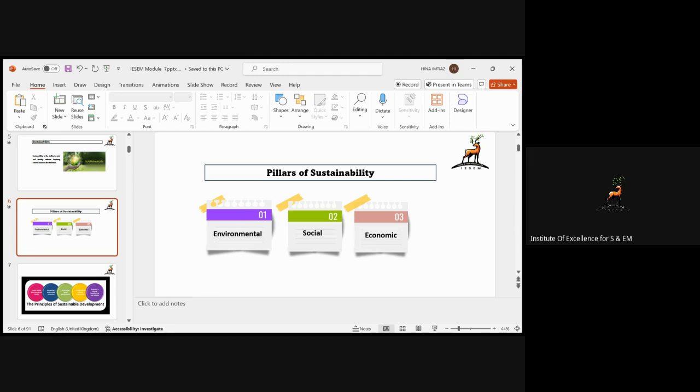So we have to protect the environment, and we have to apply strategies which are socially acceptable, applicable to the society, and which ultimately give us economic benefits, because any country wants to adopt strategies which are economically beneficial for them, and they want to improve the GDP as well. So whenever you introduce any strategy based on sustainability, you have to keep in mind these three perspectives.